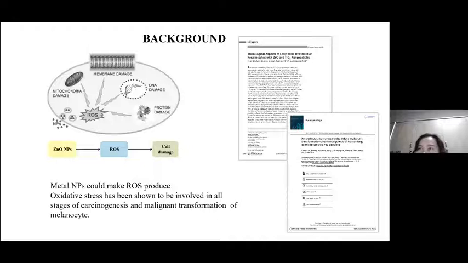And some research has reported that high levels of ROS could cause melanocyte transformation by activating NF-κB and other transcription factors to initiate a downstream stress response, including the anti-apoptotic pathway.